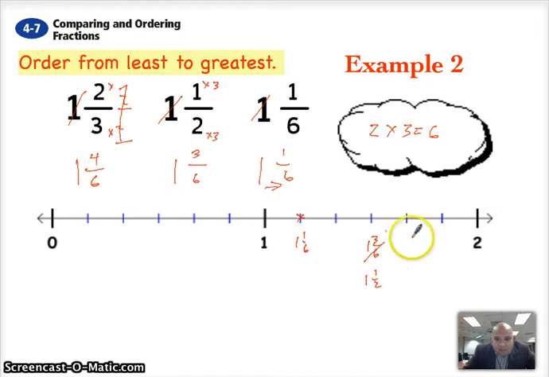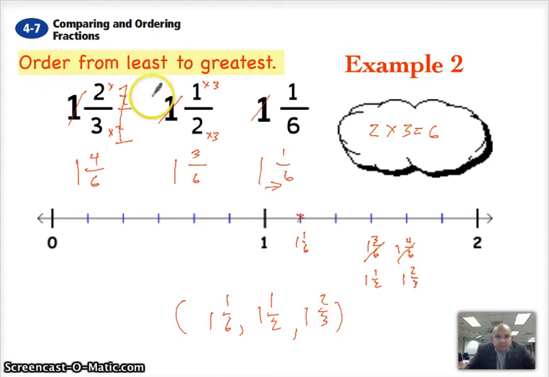And then we have 1 4/6. Well, 1 4/6 is right here, which originally is the 1 2/3. So the order that we have is 1 1/6, 1 1/2, then 1 2/3 from the original problem. Least to greatest.